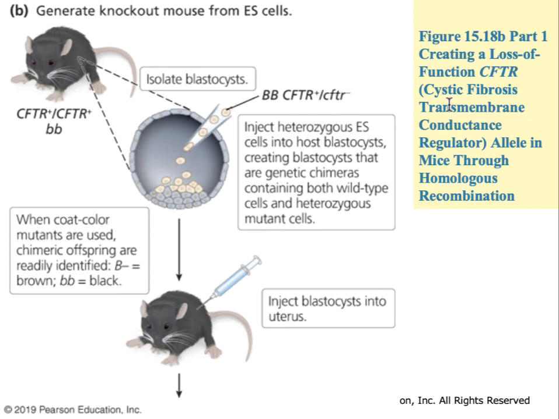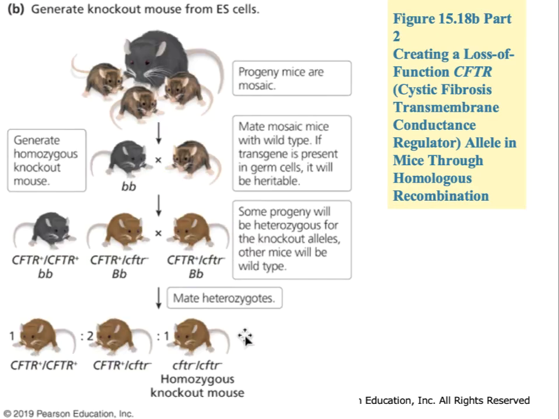In this particular example, the CFTR, the cystic fibrosis transmembrane conductance regulator, a membrane protein whose non-function leads to cystic fibrosis, is studied. The goal is to generate these homozygous knockout mice where both copies of the transmembrane regulator are mutated.